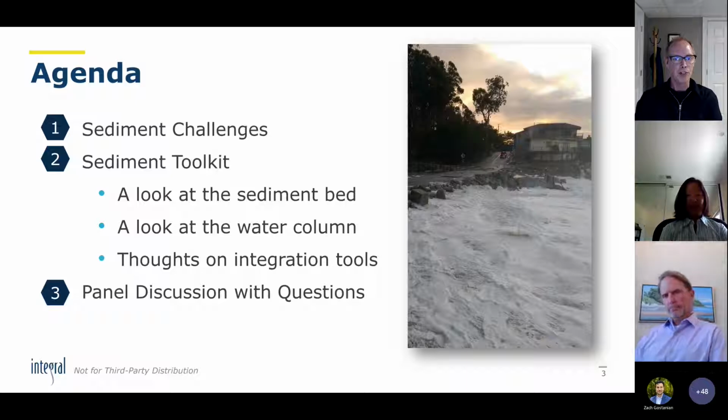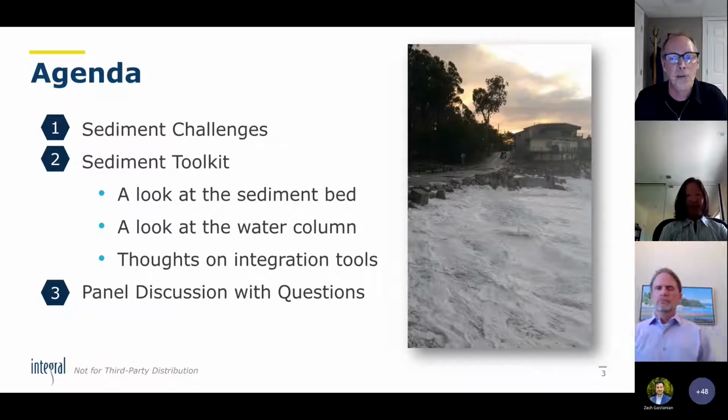We'll go through 3 specific tools: SedFlume, which quantifies erosion rate and critical shear stress; our sediment profile imaging camera, which captures images of the benthic environment, allowing us to see what is happening in the biologically active zone; and our optic system, which can monitor water quality over extended periods of time.